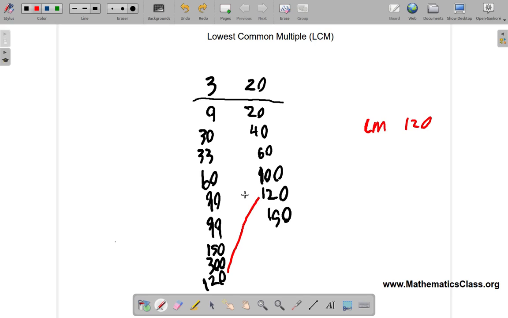You have 60. You have, let me see now, 300 is a multiple of 20. I could put it. 300 is a common multiple of both 3 and 20. So you have 300, right?